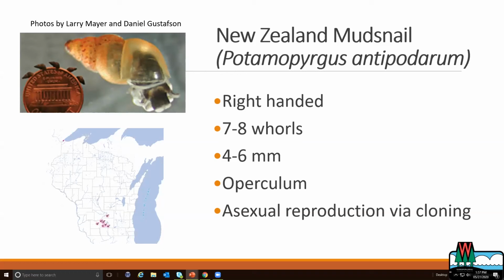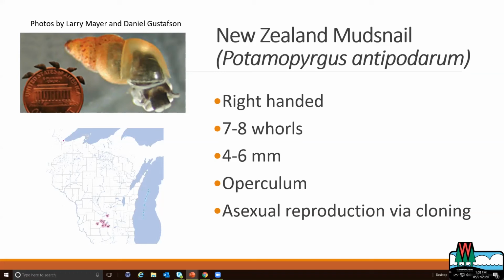Like the Faucet snail, the New Zealand mud snail does have that operculum that it can close up and seal its shell with. And they reproduce very dramatically, asexually via cloning. Only females exist in this part of the world, but it doesn't matter because of asexual reproduction.